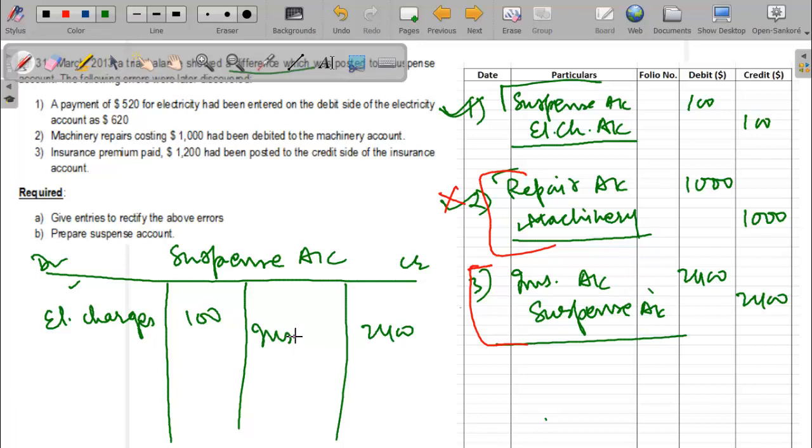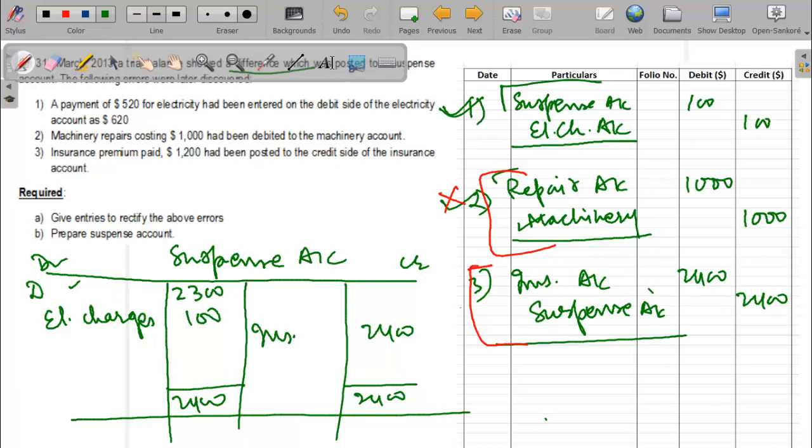Now you compute the difference. The total of the credit side is more, so 2400 minus 100, 2300 will come, and that balance you have to show in the first line, and write down here difference in trial balance.